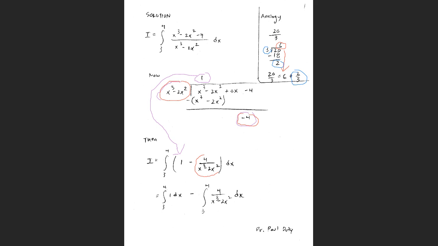Well, there's -4, should be -4, right, over x cubed minus 2x squared. Okay, does that help you feel a little more comfortable? Yeah, thank you. Okay, you're welcome.